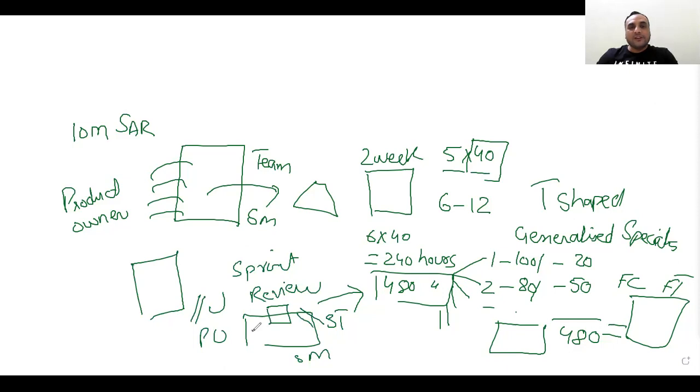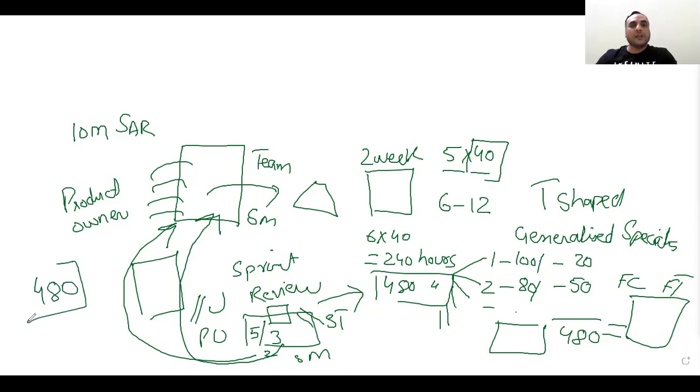For example, if they needed to complete 5 tasks, but because of the complexity they could only finish 3 tasks, the remaining 2 they will update back in the product backlog. And if the product owner gives new requirements, those will be added. So ultimately, you are working only 480 hours. Whatever tasks you can finish in 480 hours, if you could not finish them, we will put them back in the product backlog.